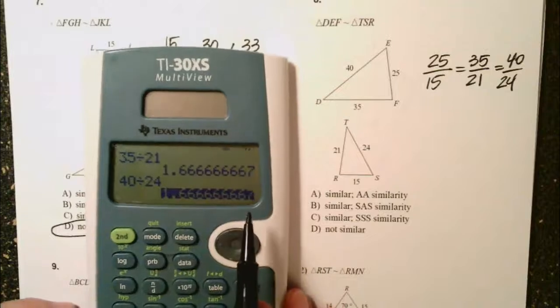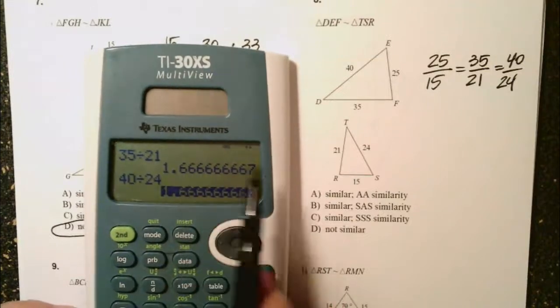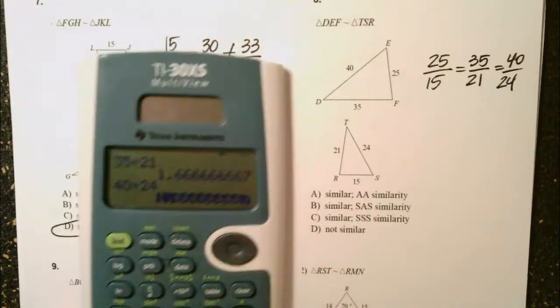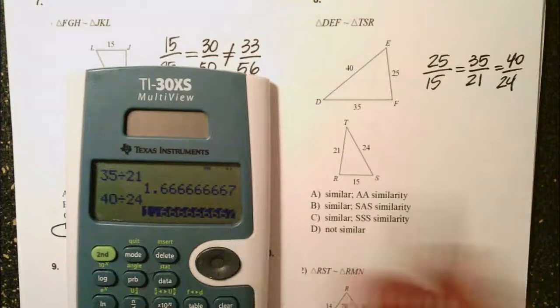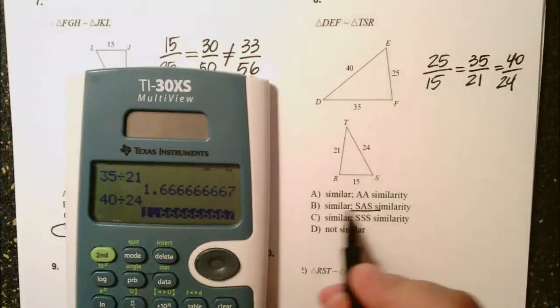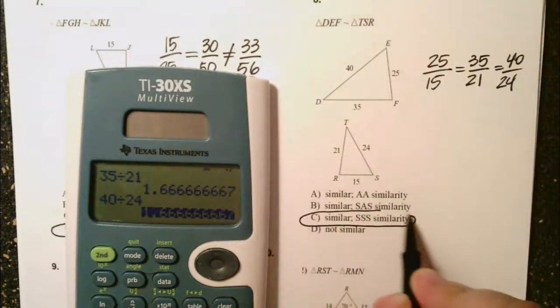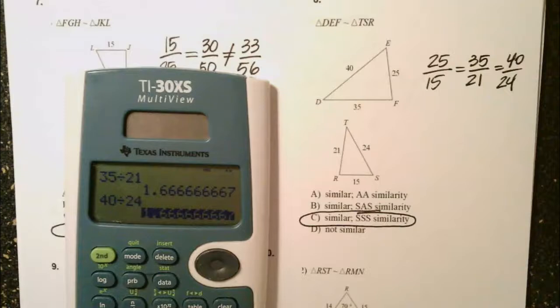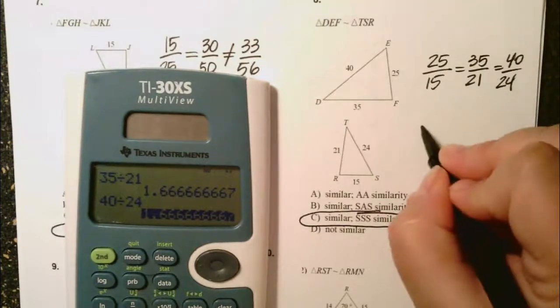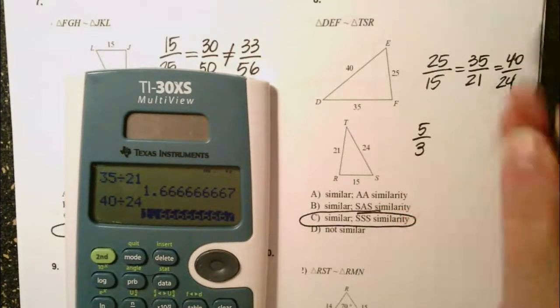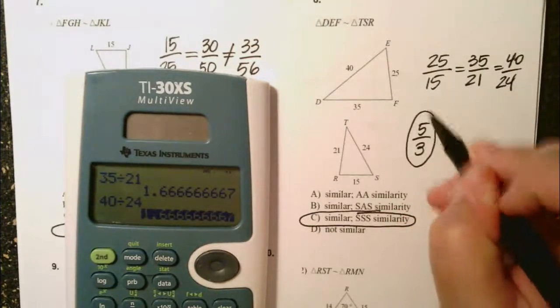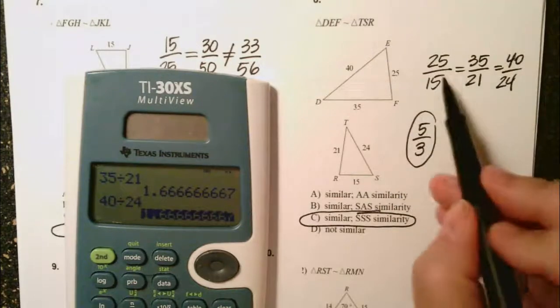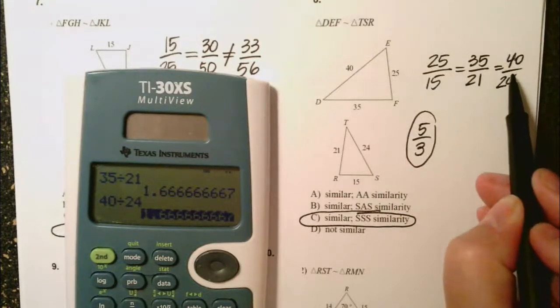The calculator can't keep going forever, so it rounds. So it's really 1.6 repeating forever. And yeah, they're all the same. What's 1.6 repeating forever? It's 5/3. And that's what my similarity ratio here would be from the top one to the bottom one. It's what every single one of these simplifies to.